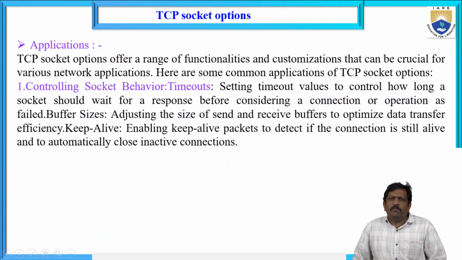Buffer size means adjusting the size of the sending and receiving buffers to efficiently optimize data transfer. Keep alive means enabling keep-alive packets to detect if the connection is still alive and to automatically close inactive connections.